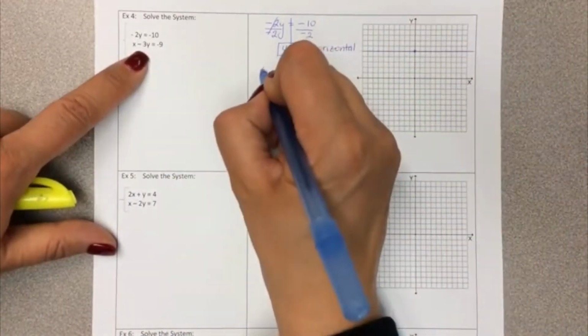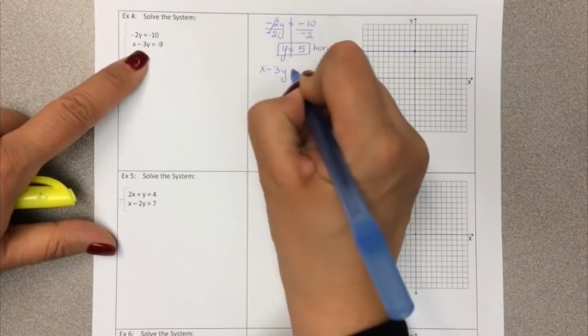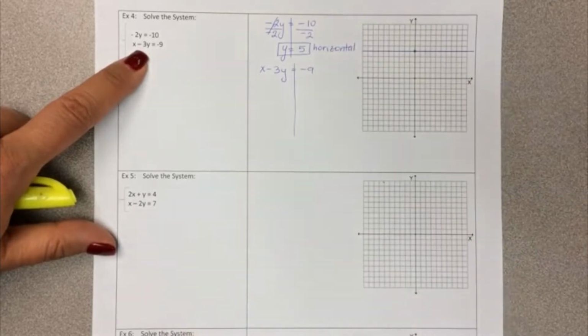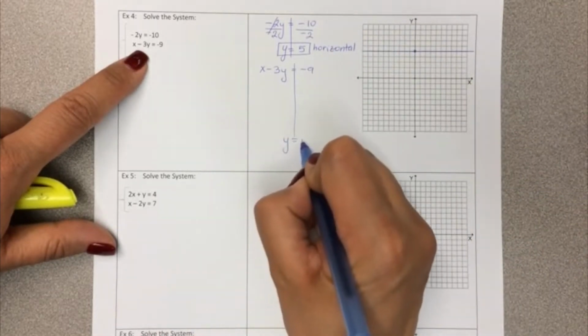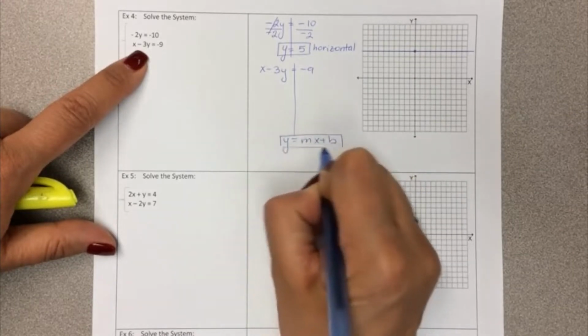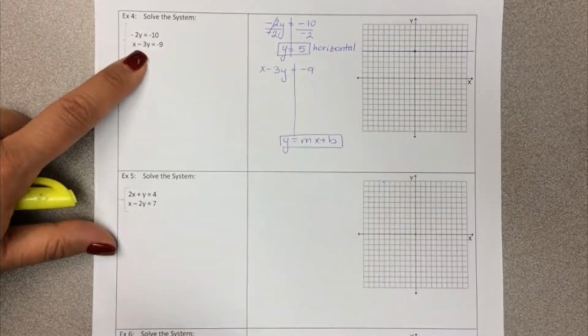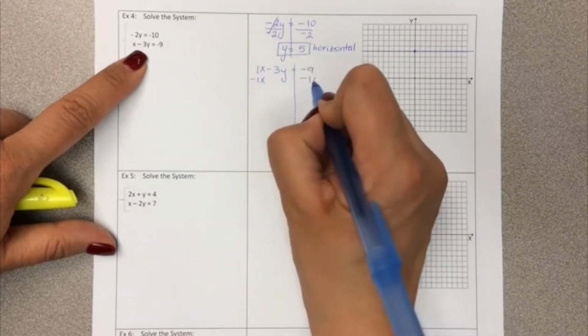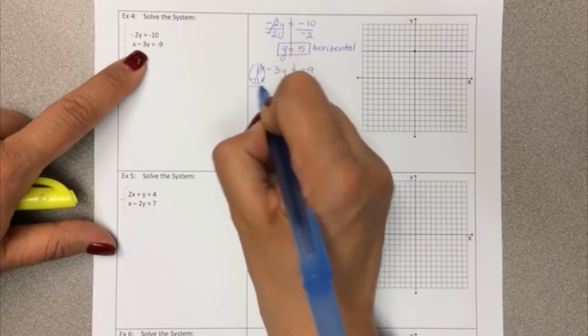We have x minus 3y equals negative 9, the second equation, and we'll transform it to slope-intercept form where y equals mx plus b. So this is the goal to get to. This is the original equation. Subtract the 1x from both sides.